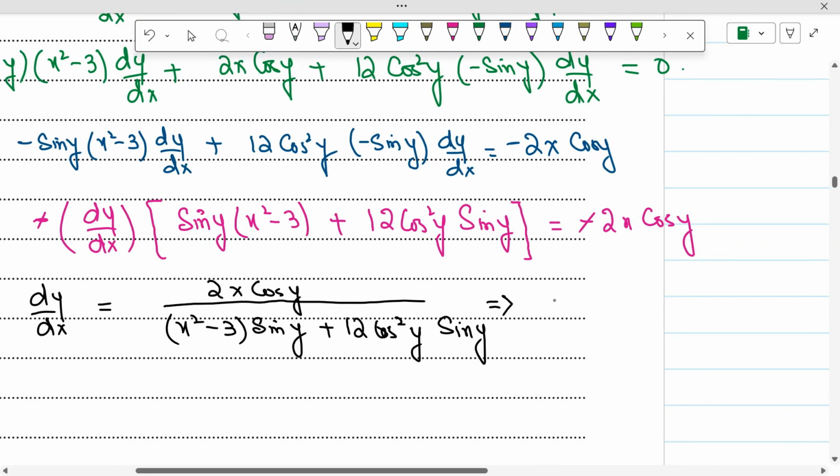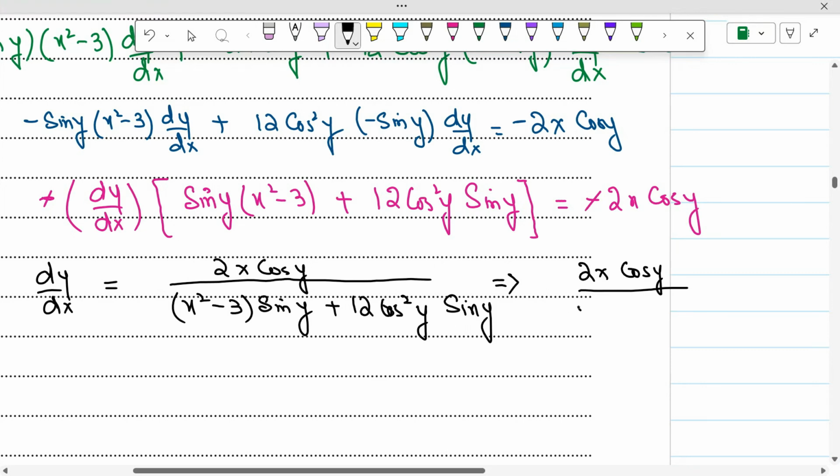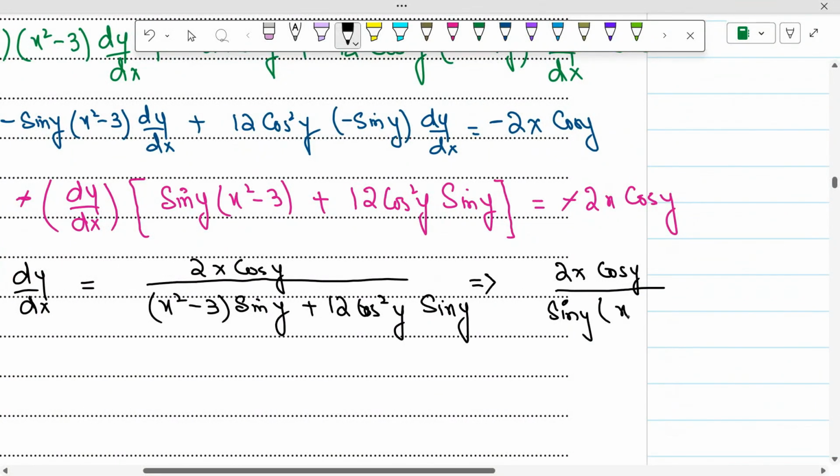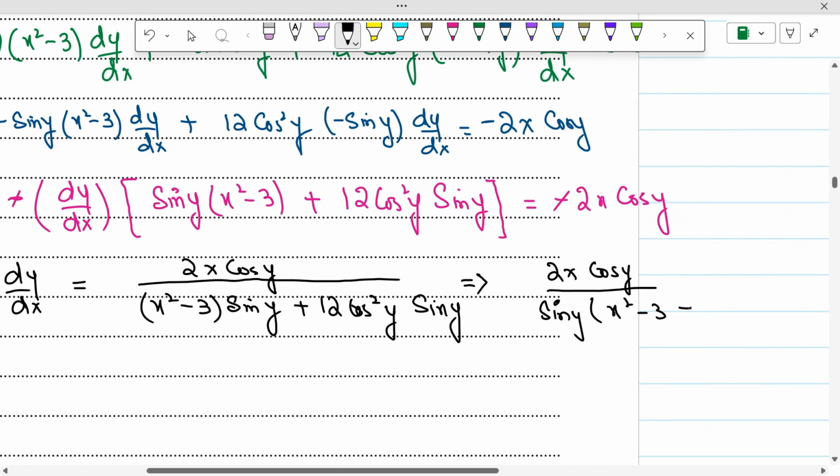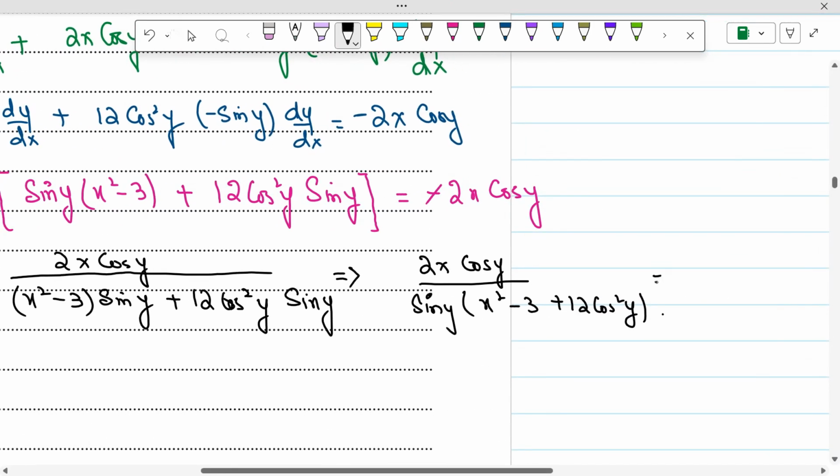Further solving, we will have 2x cos y over, taking sin y common, sin y times (x² − 3 + 12 cos² y). So this is dy/dx.